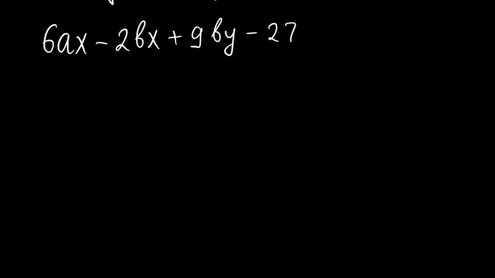So we have 6ax minus 2bx plus 9by and minus 27ay.